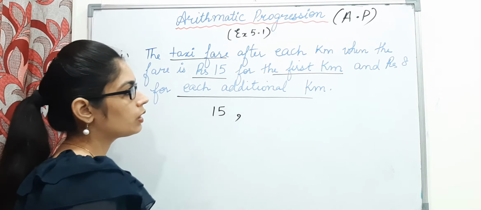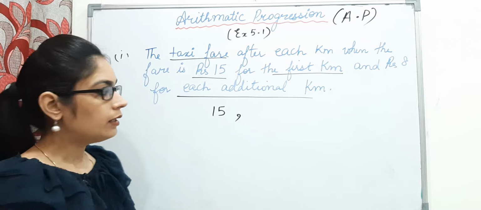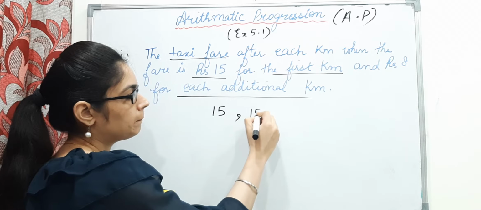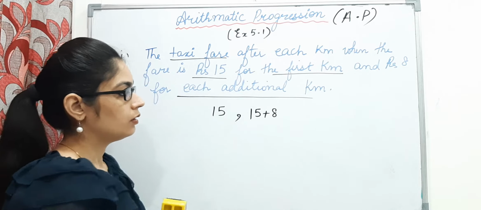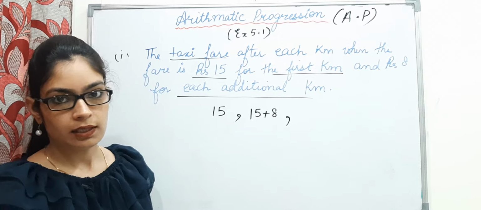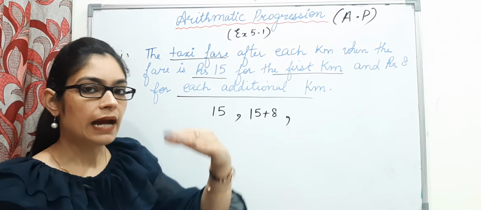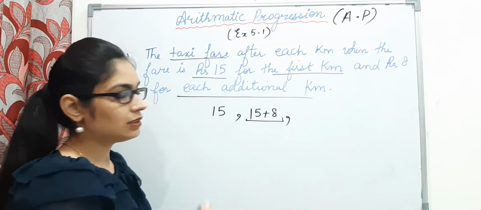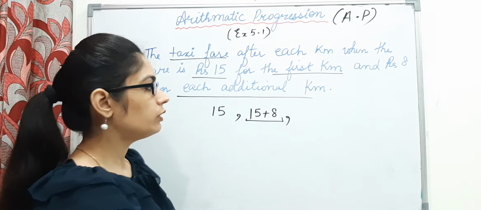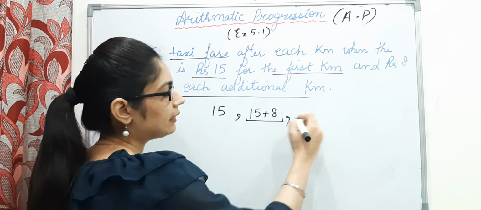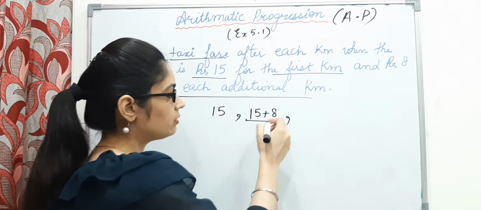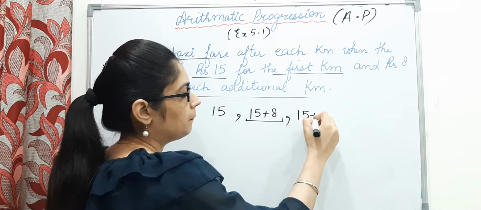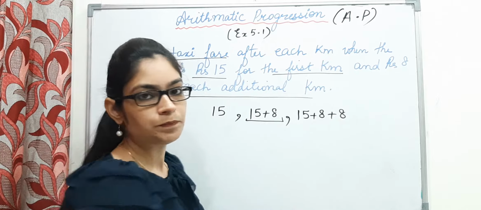That means for the second kilometer it will be 15 plus 8. Then for the third kilometer, because it keeps on adding for each additional kilometer, it will be the second kilometer's amount plus an additional 8.